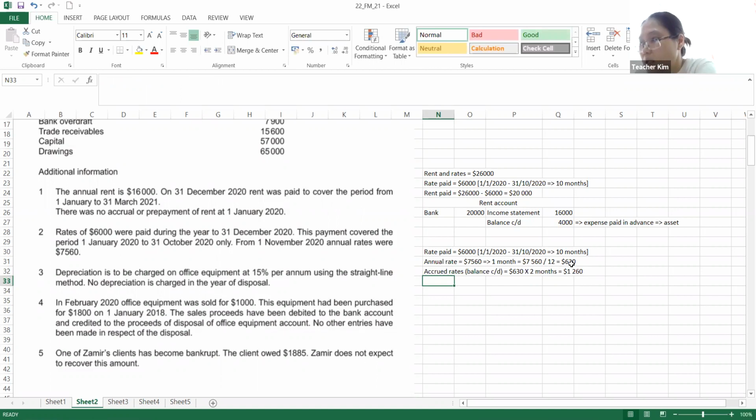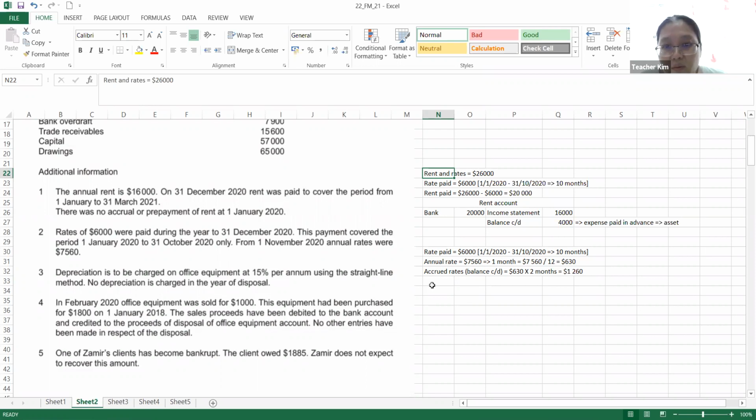Okay, in your exam, all this working is very important to write beside your detail to get the mark. Especially like this question, the rent and rate, they give you more than 2 or 3 marks. Each working, you show the working, they give you the mark. So take notes, please do the working.